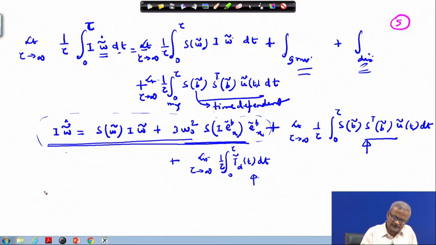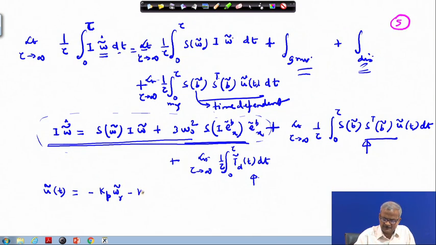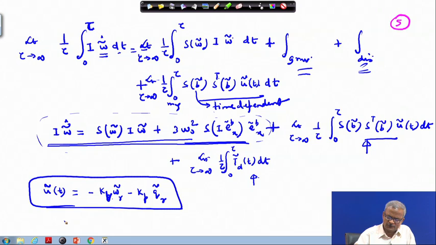Now, here in this part, suppose you design your u tilde t in a way: k_p times omega_r tilde minus k_b times omega_r tilde and k_p times q_r tilde, meaning you are designing a proportional differential control, that is PD control.